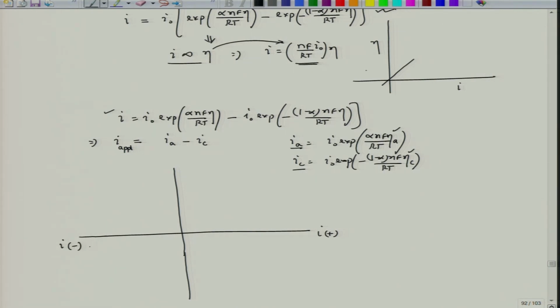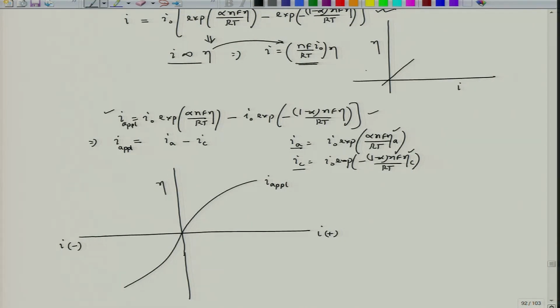Now, this positive and negative does not mean that the values are positive and negative; it indicates the direction. So, if I plot eta with reference to I, this equation gives me a plot like this. This is the plot of I applied.